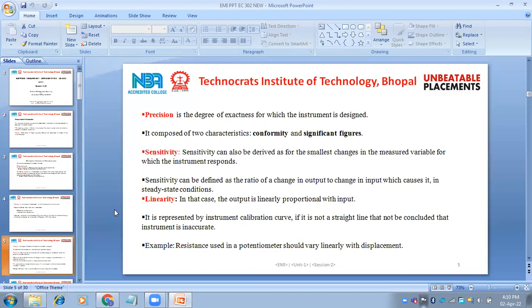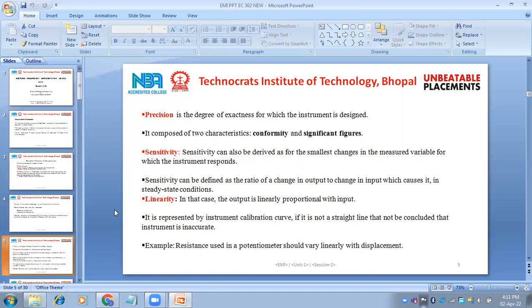With their help, we take more than one measured value, which defines the degree of closeness of the measurements. We take more than one reading, say 2, 3, 4, 5, and then take the average of those readings. Finally, we get a more precise value of the true value, which we can obtain after mathematical analysis.